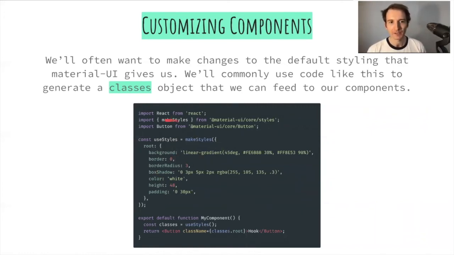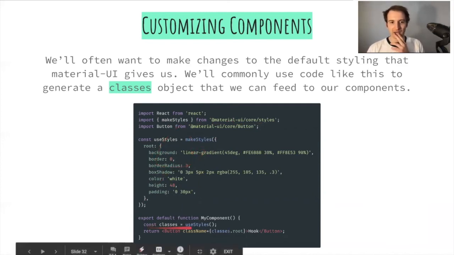We get this hook called makeStyles from the Material UI core library. Using this makeStyles hook, we can pass in a particular CSS declaration we want to apply.